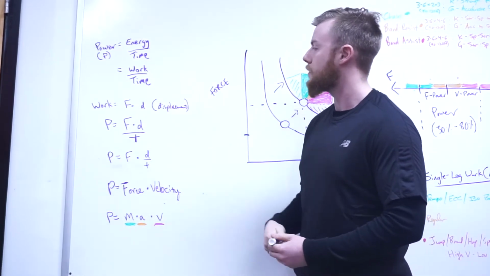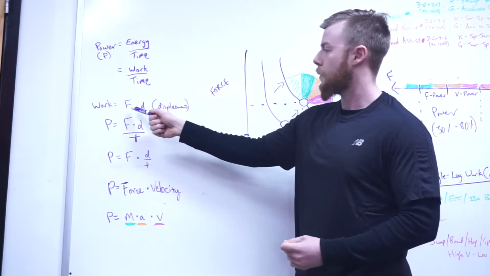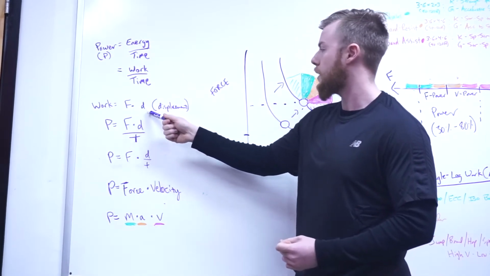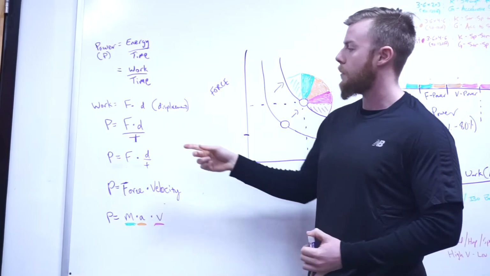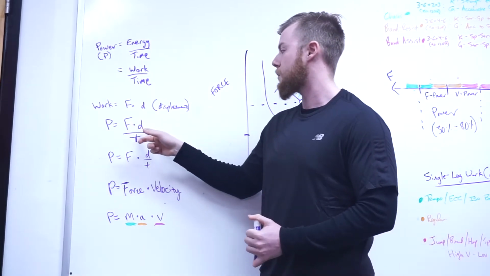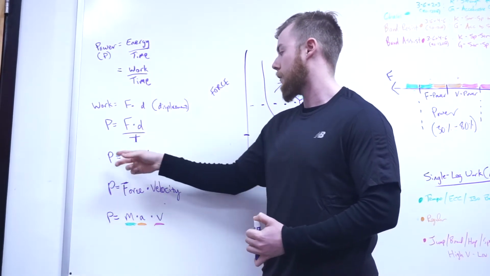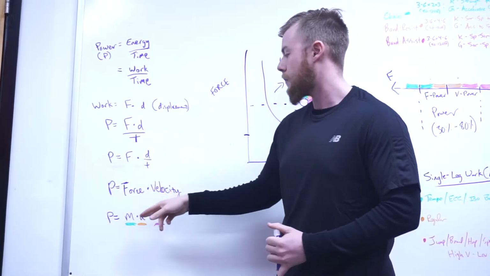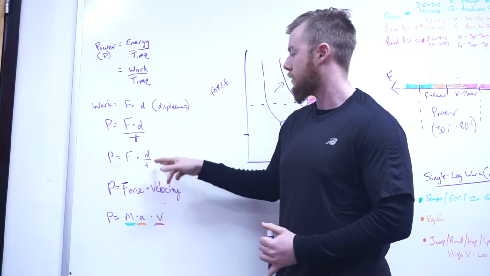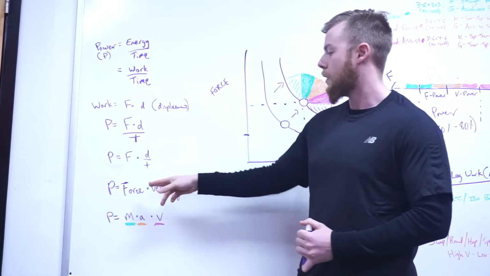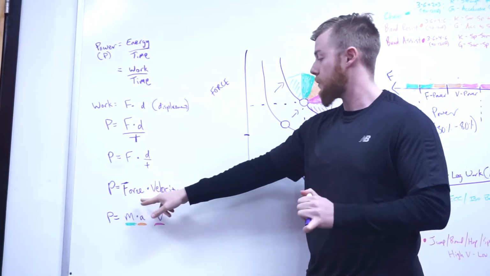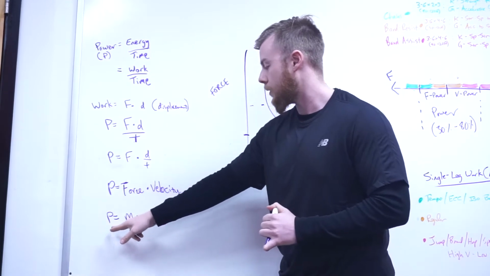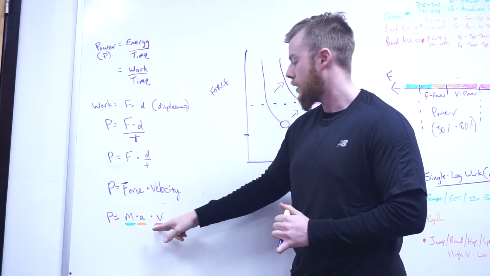If we work our way down the chain here, work equals force, F, times displacement, D. And then from there, power is force times displacement over time. So if we separate that out using math, power equals force times displacement over time. Power equals force times velocity, which is displacement over time. So knowing that force equals mass times acceleration, power is going to be mass times acceleration times velocity.